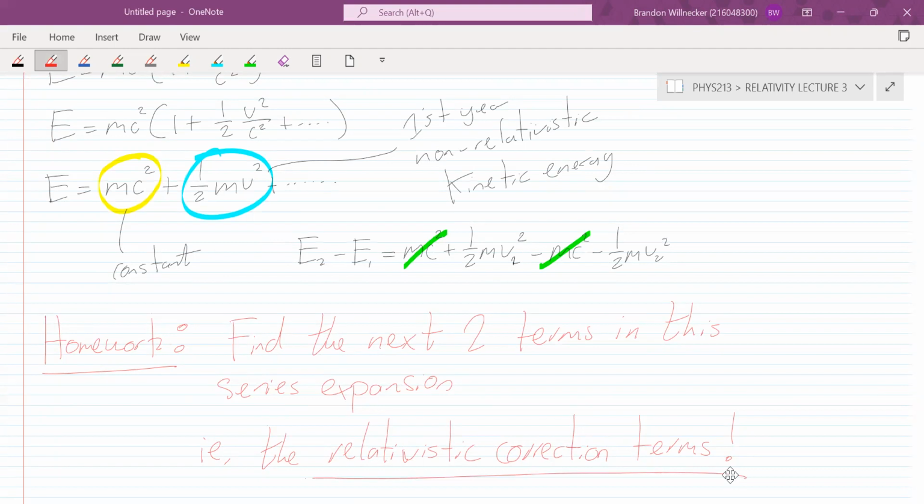Okay, so that's it for today. Please go through these homework problems. They will be very important for the test coming up. Next time, we will take a look at certain phenomena that can only be explained using this relativity framework. So we're going to be looking at the muon paradox.